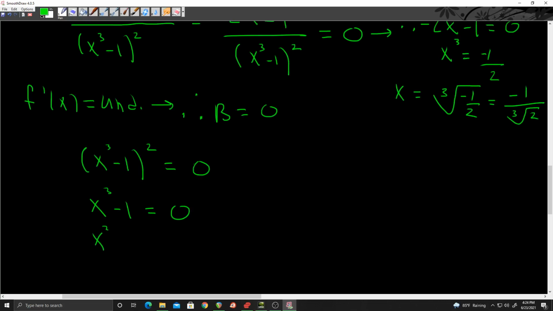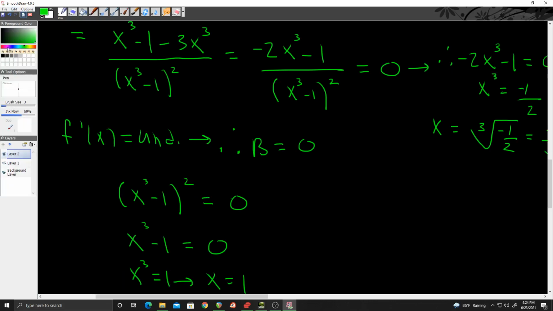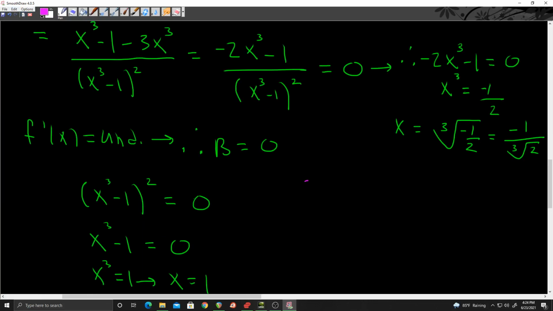This gives me x cubed equals 1, and it's going to be x equals 1 and 1 only. So we have two critical numbers. Let's list them. Critical numbers: x1 is negative 1 over the cube root of 2, and x2 is 1.